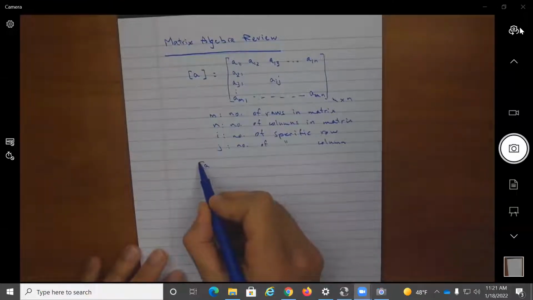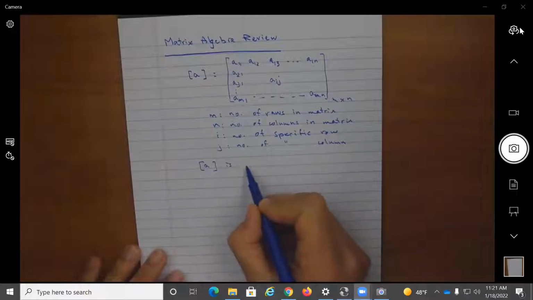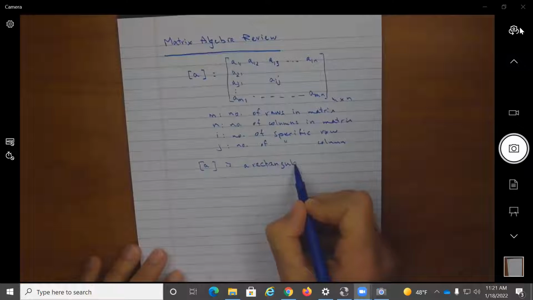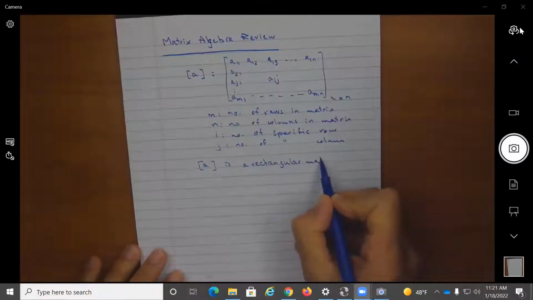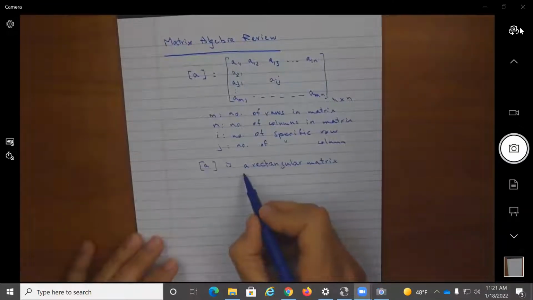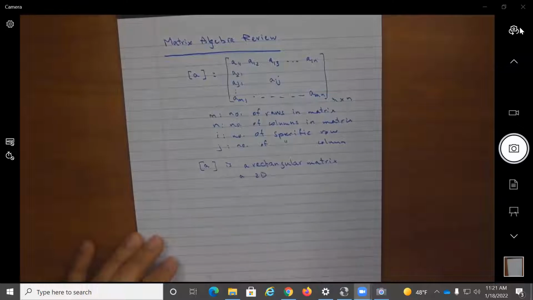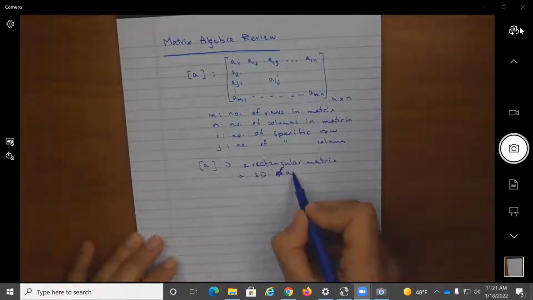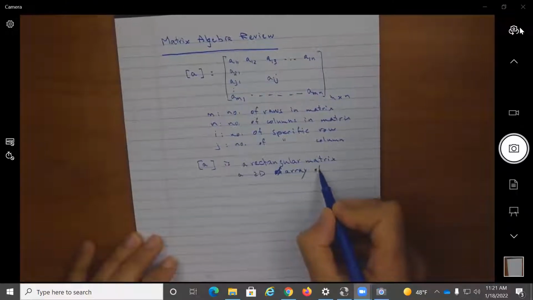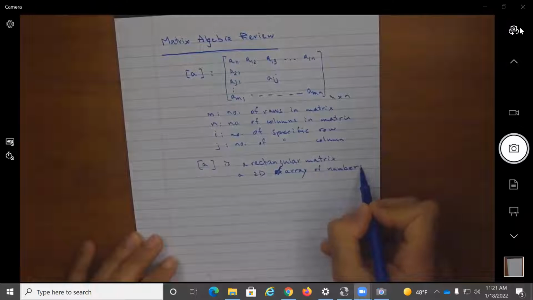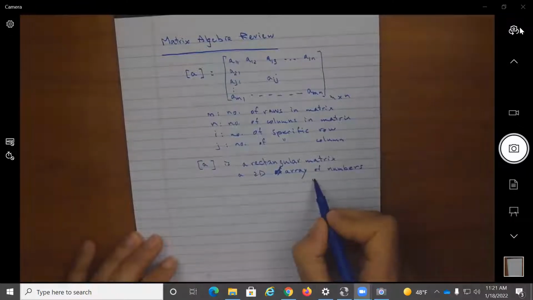So A here is a rectangular matrix, a 2D array of numbers or variables.